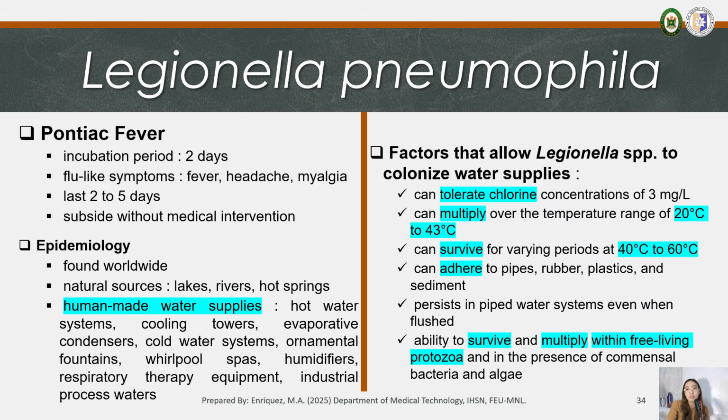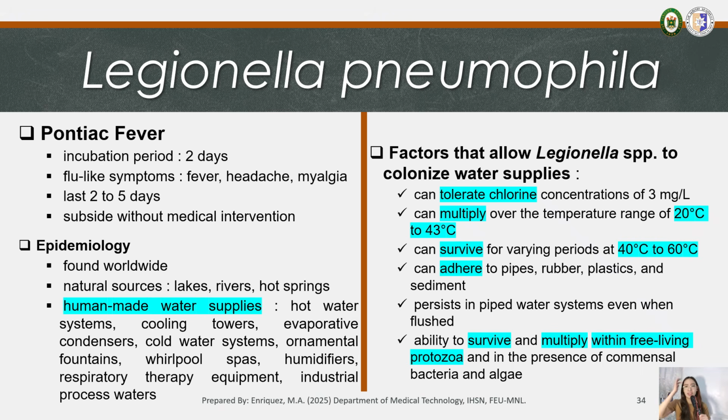They can adhere to pipes, rubber, plastics, so that would include industrial water coolers and respiratory therapy machines and also air conditioning systems. Okay, so all of that colonized. Okay, so in summary, these organisms can be very tough and difficult to get rid of, and they feel like any equipment that has to do anything with water is free real estate.